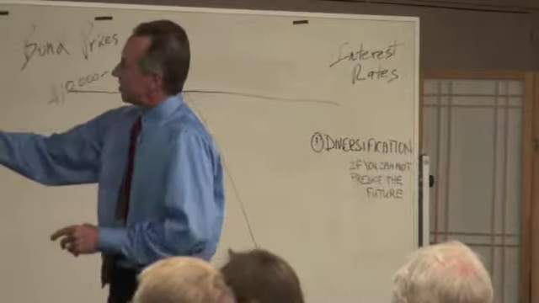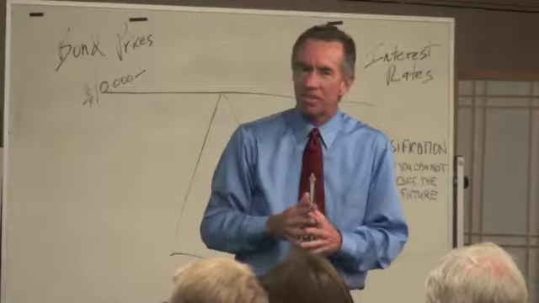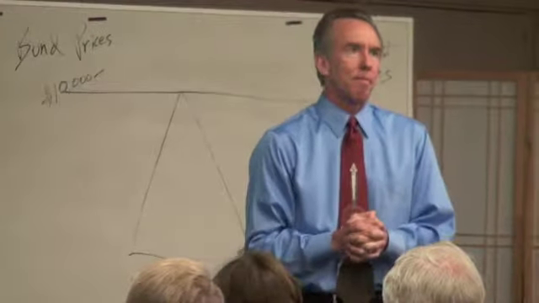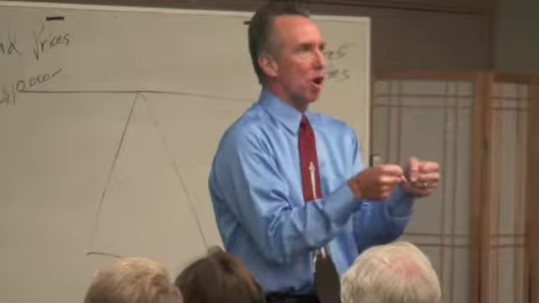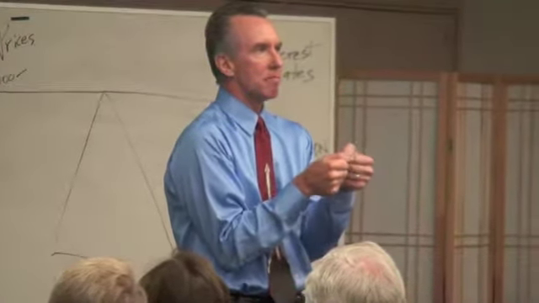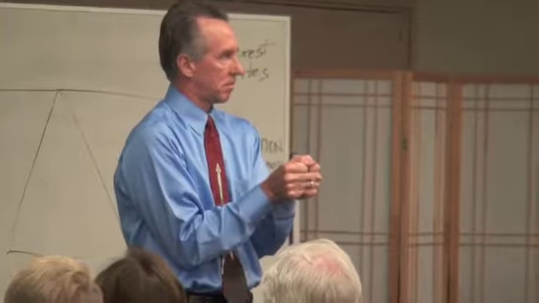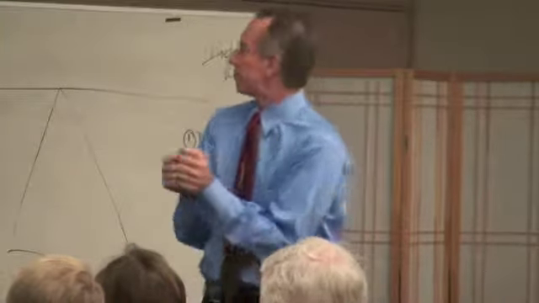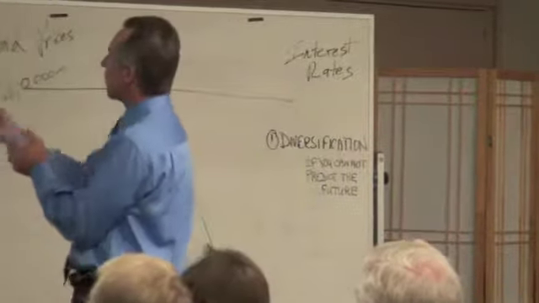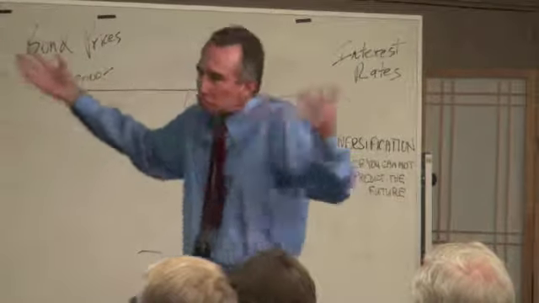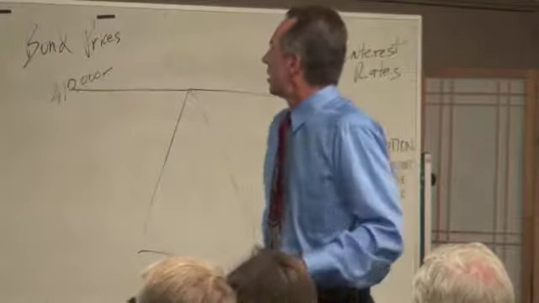Interest rate risk refers to the price of existing bonds and what happens to them if interest rates go up. And we'll talk more about that in a little bit. Market risk, that's general market risk.